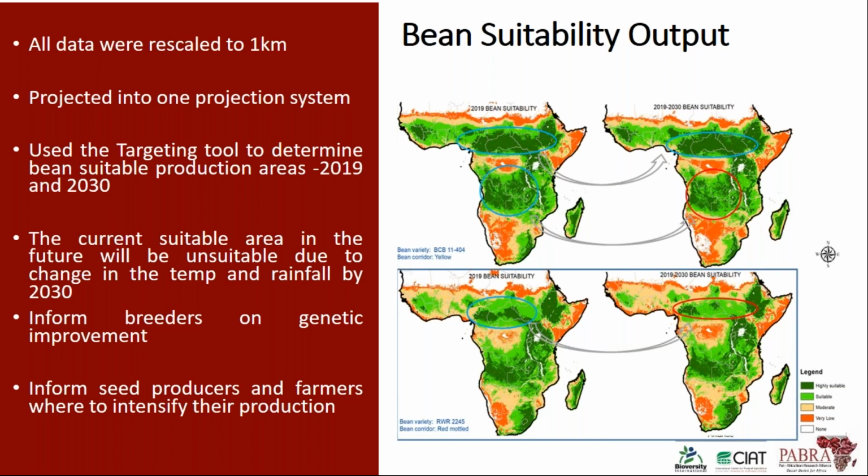The current bean suitable areas in 2030 showed to be unsuitable, and that was due to the change in temperature and rainfall that was noted. For example, if you look at the down maps, the two maps which have borders, you can see the circled area.